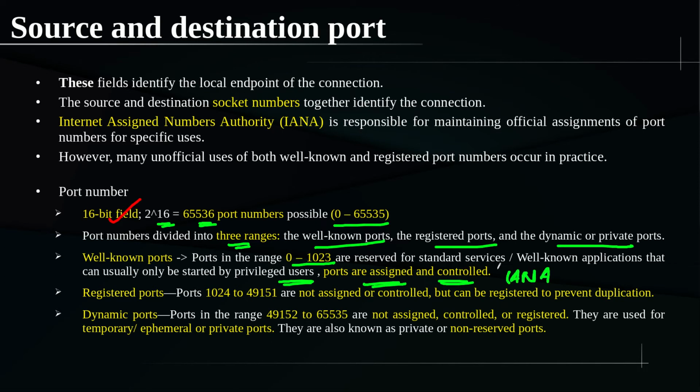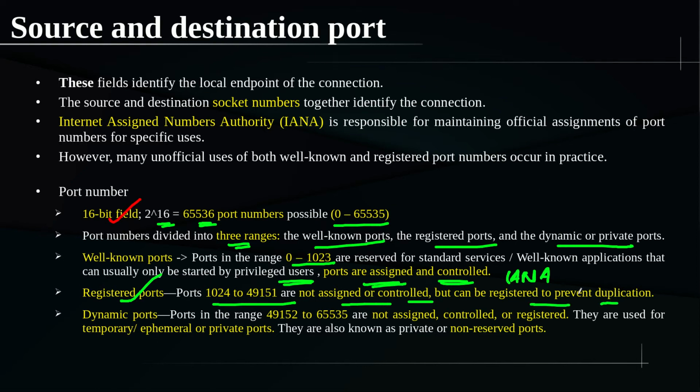Now the next category ranges from 1024 up to 49151. That range is called registered ports. They are not assigned and controlled by IANA, but can be registered to prevent duplication.